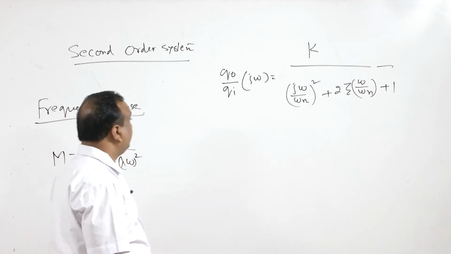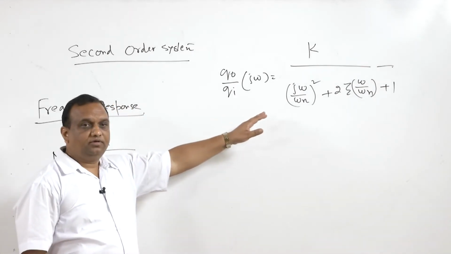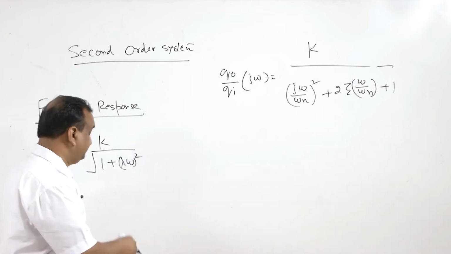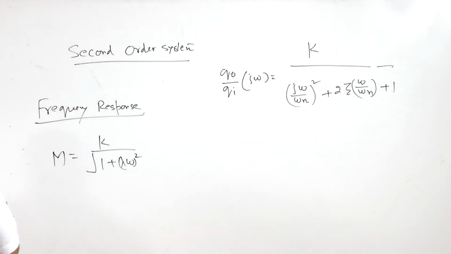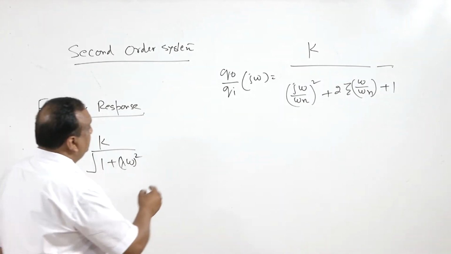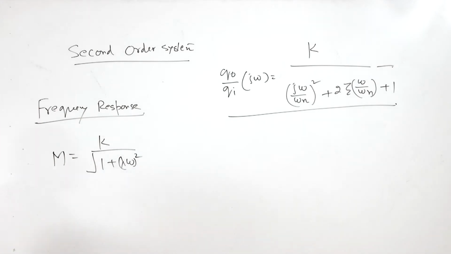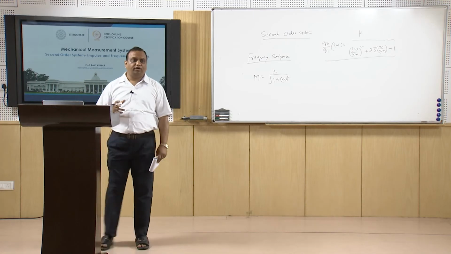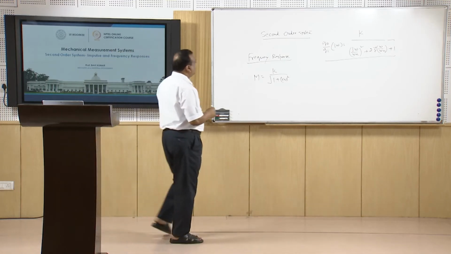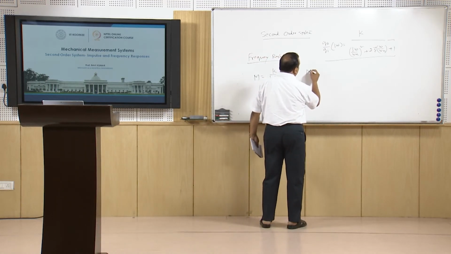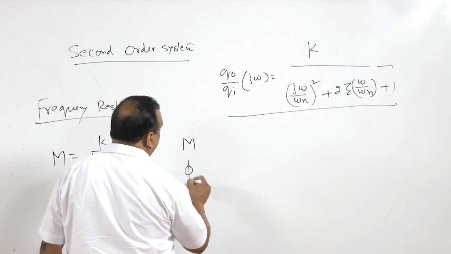This is the transfer function for frequency input or sinusoidal input, or the sinusoidal transfer function. This shall be used for finding the solution. We need only two pieces of information in the frequency response when there is a sinusoidal input: what is the amplitude ratio and what is the phase lag?